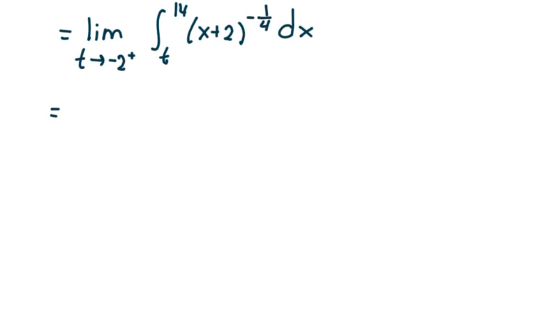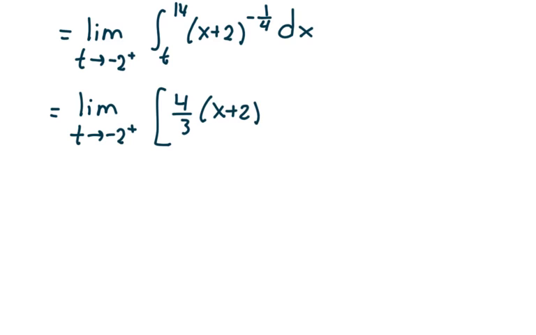And so the way to integrate this is we take the limit as t goes to negative 2 from the right of, now we've done this before, 4/3 of x plus 2 to the 3/4. Remember that negative 1/4 plus 1 is 3/4. Dividing by 3/4 is multiplying by 4/3. Evaluated from t to 14.